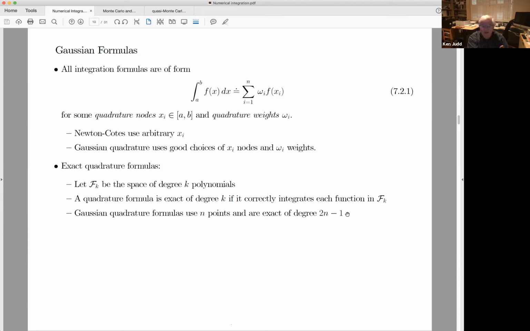Even though the space F sub 19 has 20 dimensions, half of them don't matter. They don't make any contribution to the integral. And so you can evaluate the function at n points and get the integral exactly.